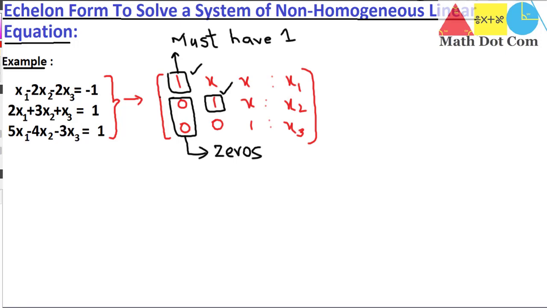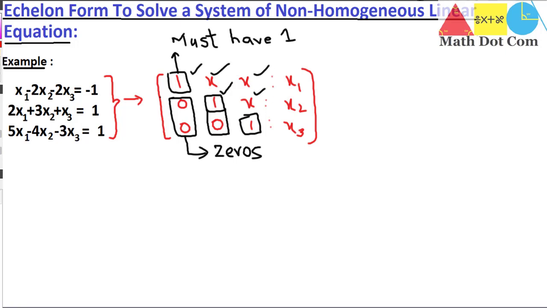This is the leading entry of the second row, and this leading entry should be at the right of the leading entry of the first row. Then the elements below this leading entry must be 0. This is also a must condition for the row echelon form. Then lastly, we must have 1 here, and these values could be any.